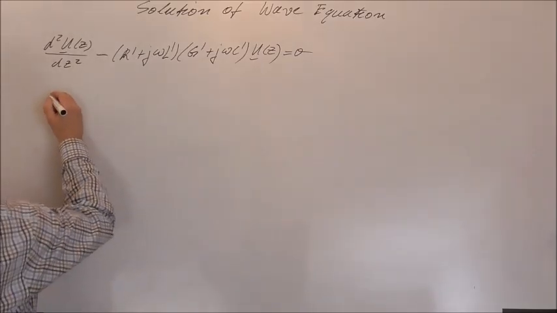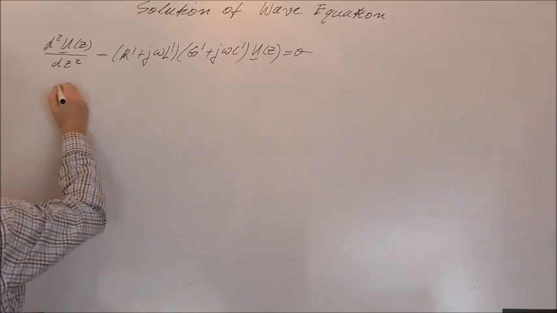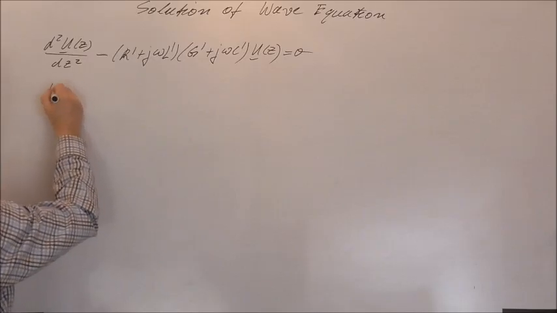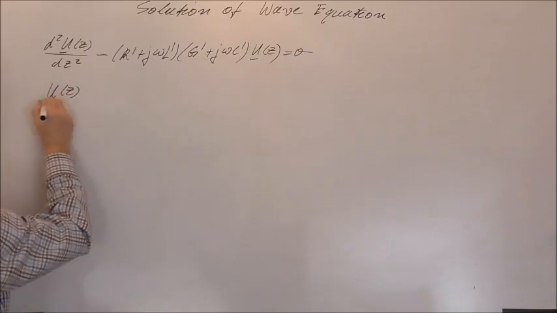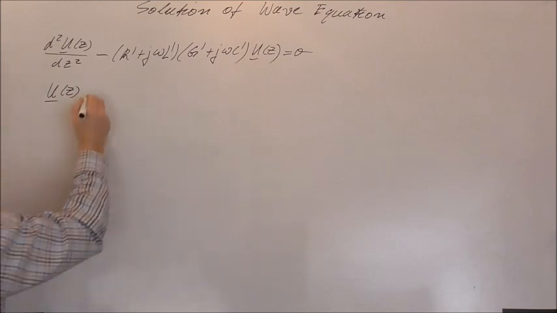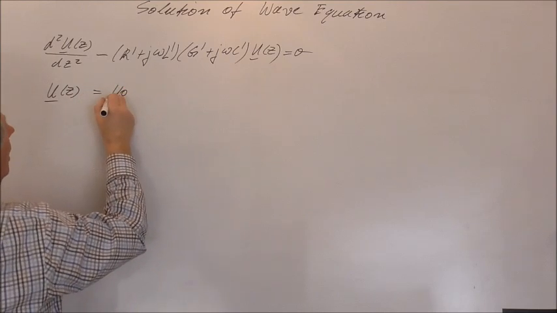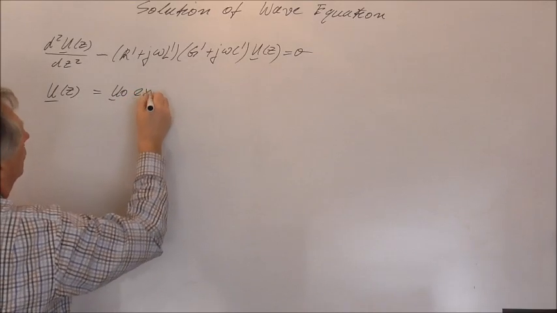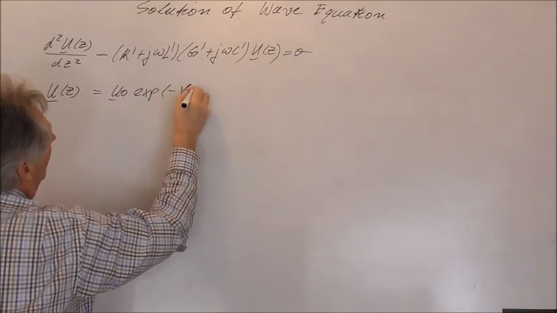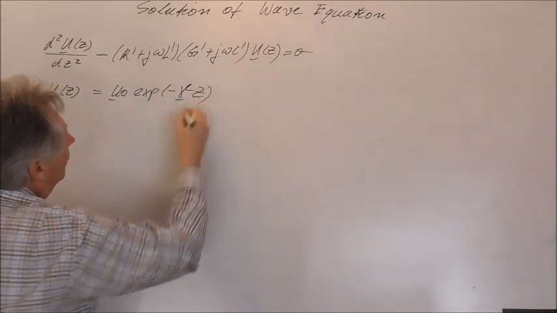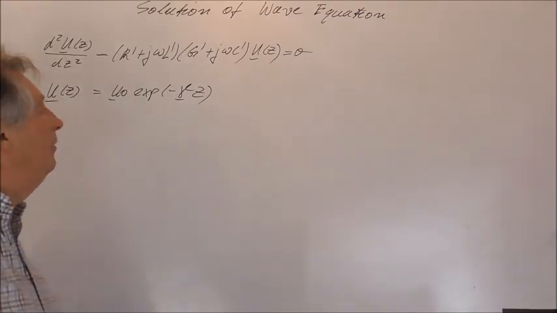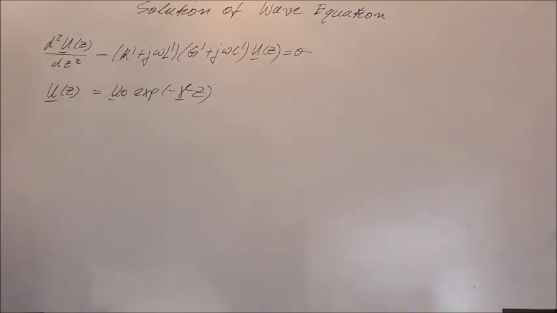So we can formulate, let's assume that our function u of z is somehow a constant u naught times the exponential function of minus gamma times z.